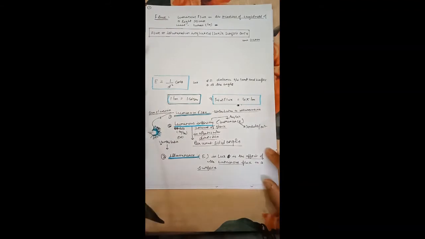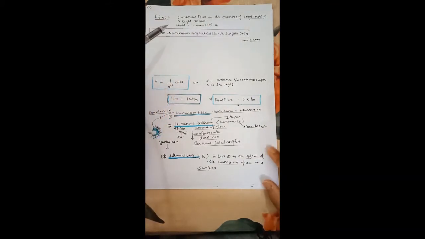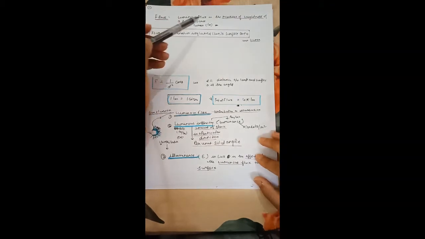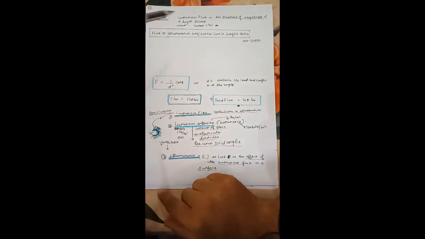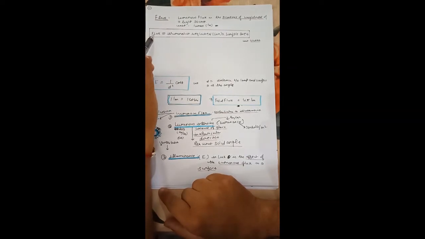Now luminous flux is the measure of brightness of a light source. So flux is the measure of brightness, and we calculate it in lumen. So the unit is lumen. Luminous flux की brightness कितनी है? तो illumination अलग है, flux अलग है. तो flux को brightness हम बोलते हैं. तो luminous flux is the measure of brightness. तो flux क्या हो जाएगा?